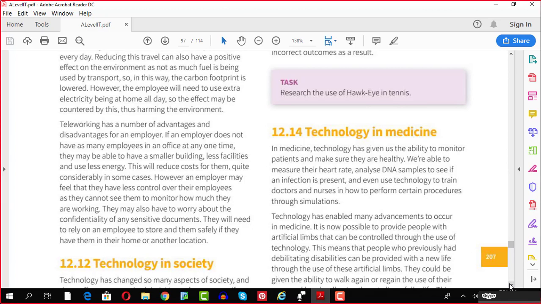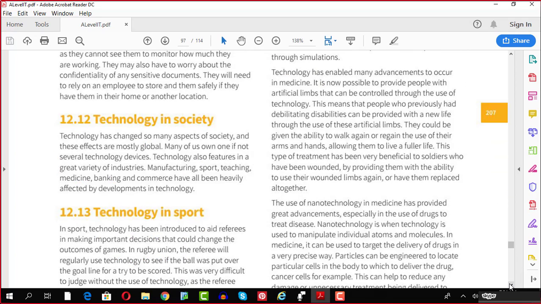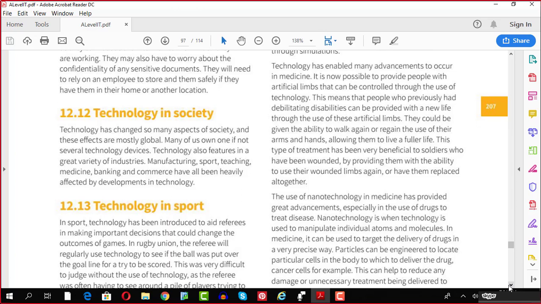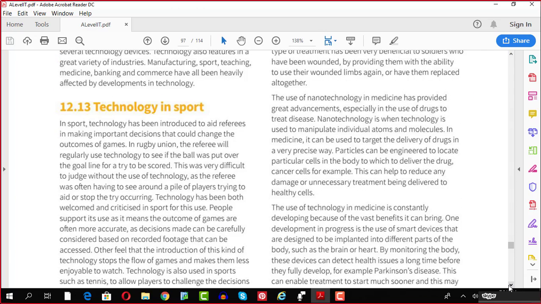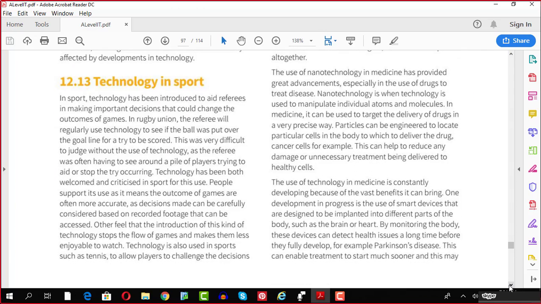So, technology in society is a general topic. This will include technology in sport, well, a lot of things. Technology in sport: talk about the new equipment that is being designed for athletes or people in sports, new footballs, whatever, any sort of equipment that is being designed.